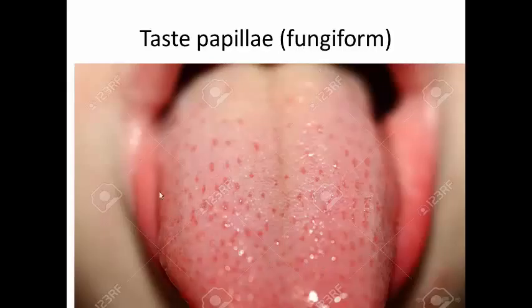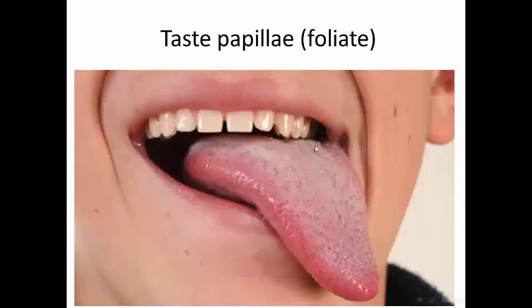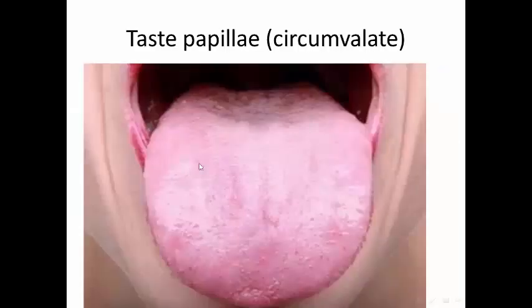It is present in most areas of the tongue, specifically in the anterior part of the tongue. The other types of papillae are the foliate papillae, which are the small grooves present on the side of the tongue, while the circumvallate papillae are small dots present in a V shape at the back of the tongue.